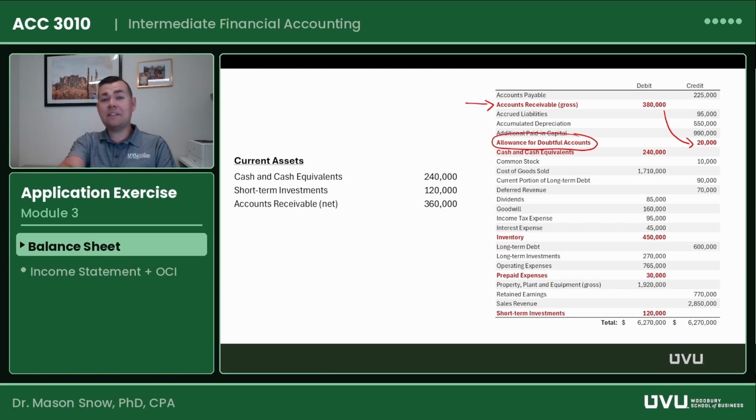Okay, further down in the liquidity food chain, we've got inventory. Yeah, we've got to sell it first and then collect the cash from those sales. And then our last current asset here relates to prepaid expenses. We've got to remember that prepaid expenses are in fact assets, and we expect to consume them typically within 1 year.